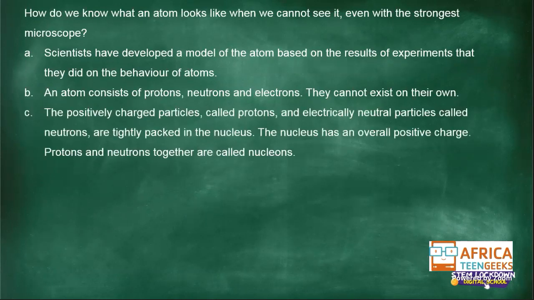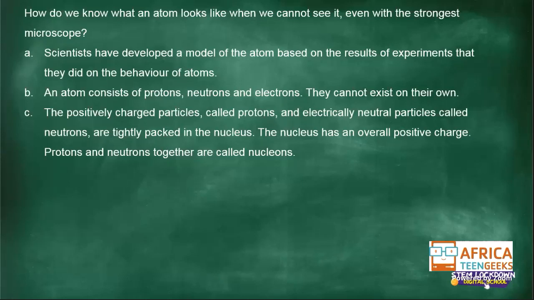The protons are positively charged, and the electrically neutral particles are neutrons, and they are tightly packed in the nucleus. The nucleus basically has an overall positive charge because the neutrons do not have any charge, it's just the protons.